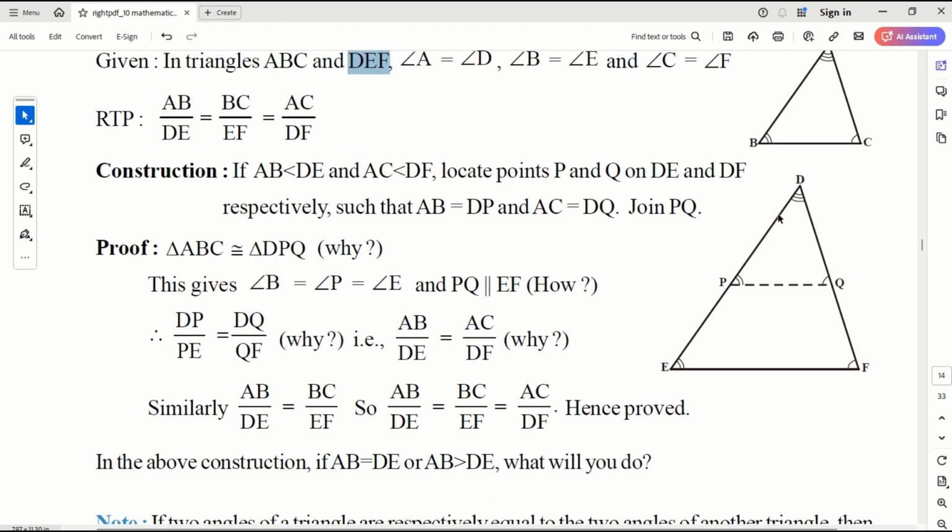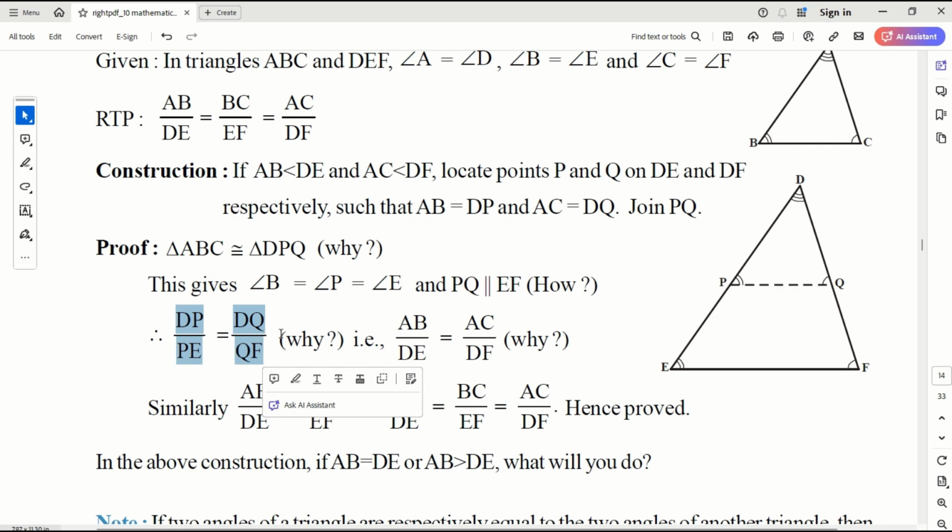Because these are similar triangles. Now these three angles are the same: angle D and angle A are the same, angle B and angle P are the same, angle C and angle Q are the same. So we can say AB by DE equals AC by DF. And from this, how do you prove this one from this one? DP by PE equals DQ by QF.